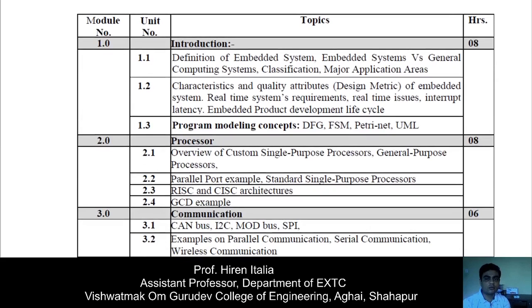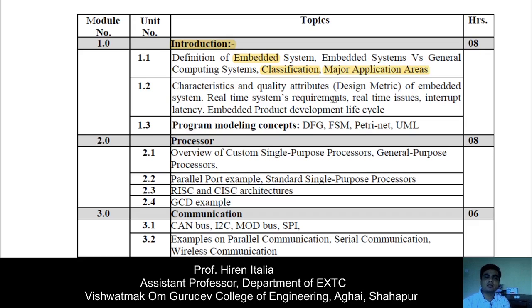These are the different modules that you have to study. In chapter number 1, or module number 1, that is the introduction, you will study the definition, what an embedded system is, the difference between the embedded system and the general purpose system, the different classifications of an embedded system, and where we use embedded systems, that is, the application areas.